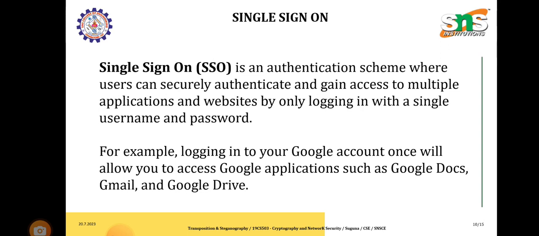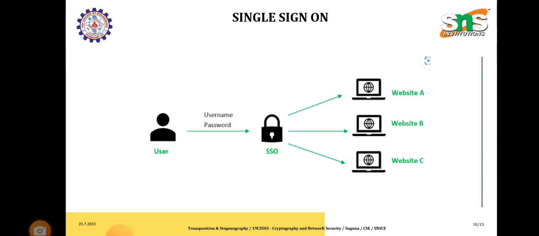Once we sign in to Gmail, the next time we go to Google Drive, it will ask us to continue with Gmail. So in that case there is no need to provide a username and password again for authentication. By using a single authentication, the user can navigate to multiple applications or multiple websites. That process we call single sign on.